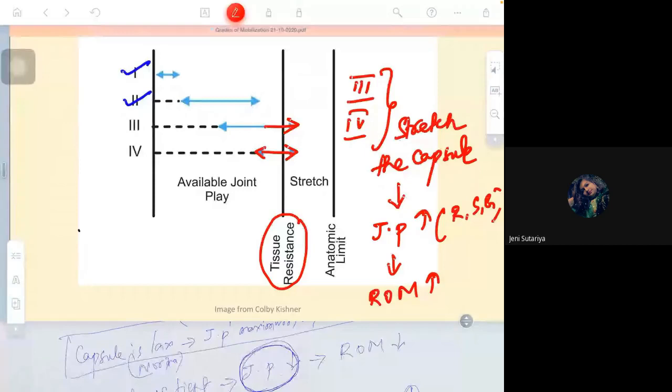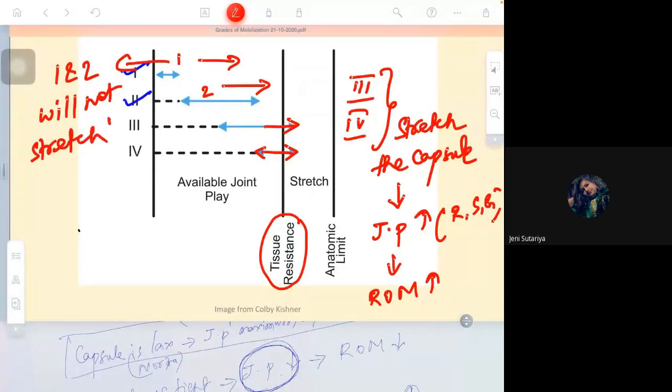So, what about grade 1 and 2? Grade 1 and 2 are not reaching the tissue resistance. In other words, grade 1 and 2 will not stretch the capsule. Clear?